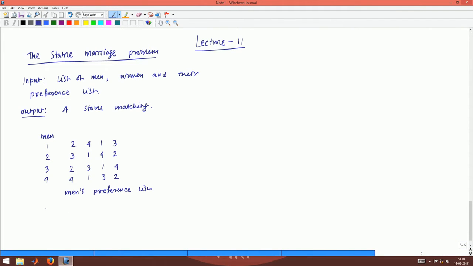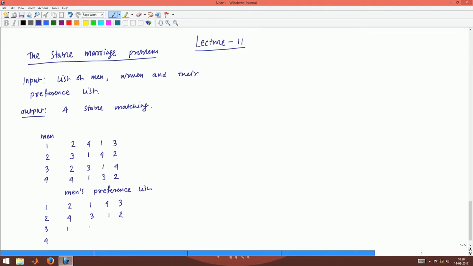And similarly, we have preference lists for the women. There are 4 women 1, 2, 3, 4. For the first woman her first preference is man 2, second preference is man 1, then man 4, man 3. For the second woman the preference list is 4, 3, 1, 2.